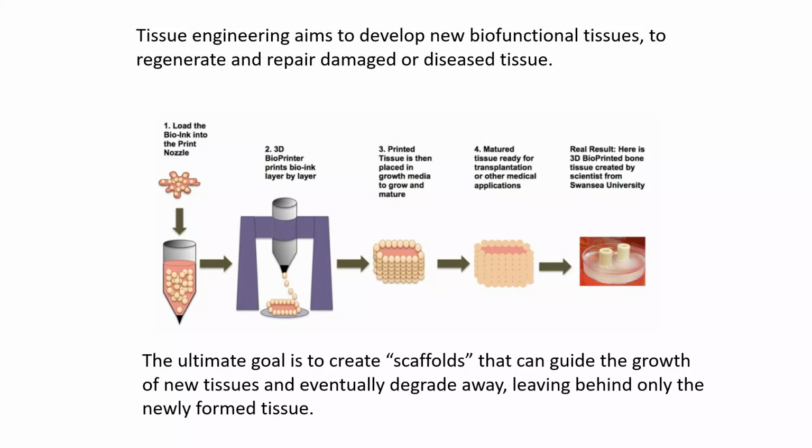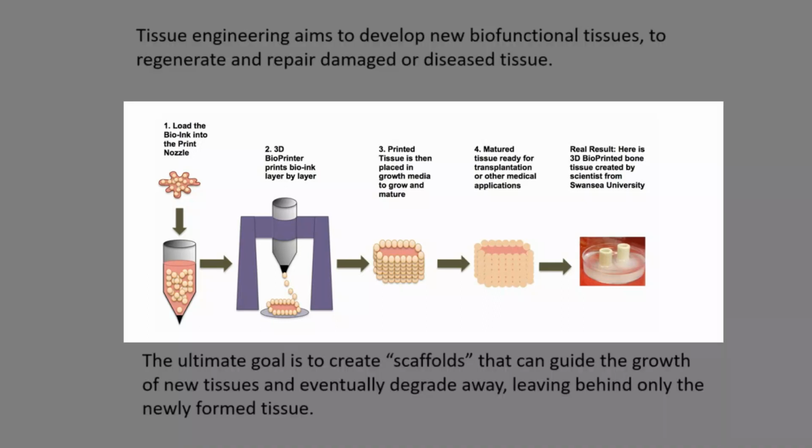Tissue engineering aims to develop new biofunctional tissues to regenerate and repair damaged or diseased tissue. The ultimate goal is to create scaffolds, quote unquote, that can guide the growth of new tissues and eventually degrade away, leaving behind only the newly formed tissue.